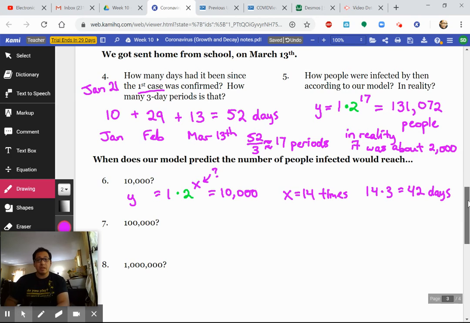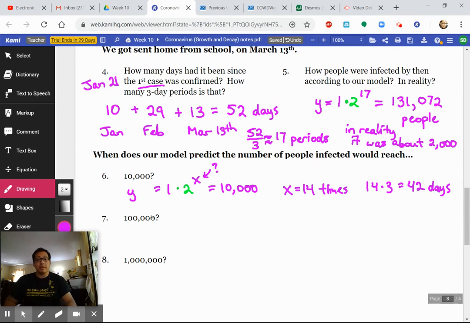And you could do the same thing with 100,000. When is this going to reach 100,000? It's probably day 16, right? Or not day 16, but the 16th time, because by the 17th time we've already reached it.